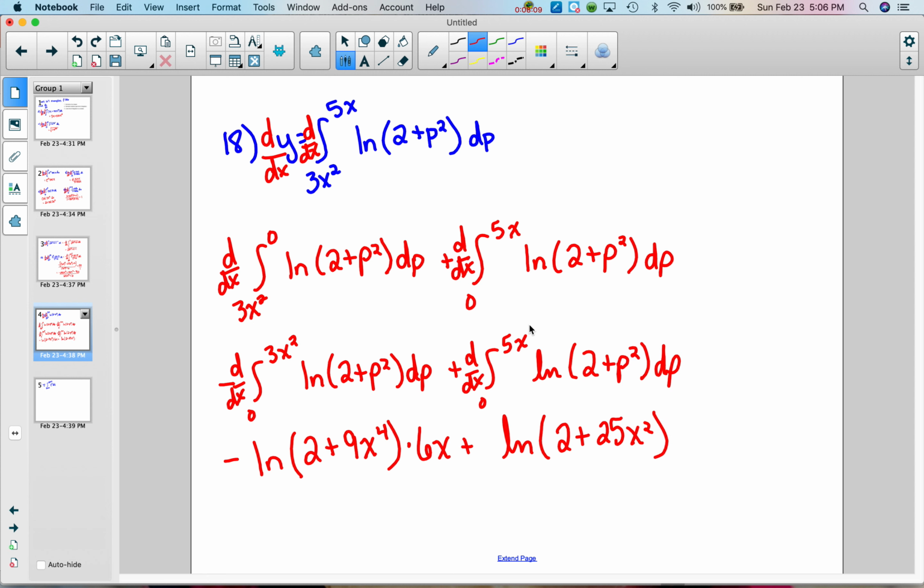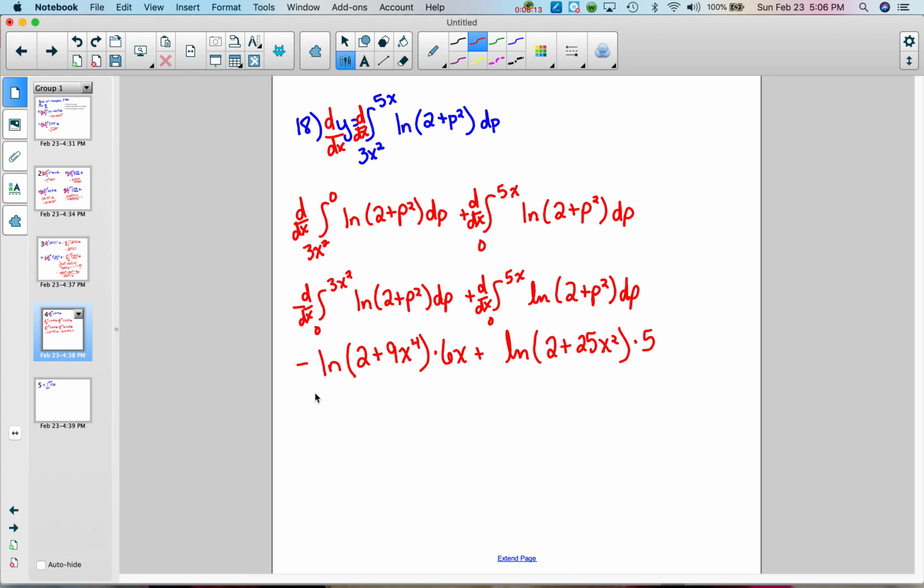And then the derivative of 5x is 5. So we could write this as negative 6x ln(2 plus 9x to the 4th) plus 5 ln(2 plus 25x squared).